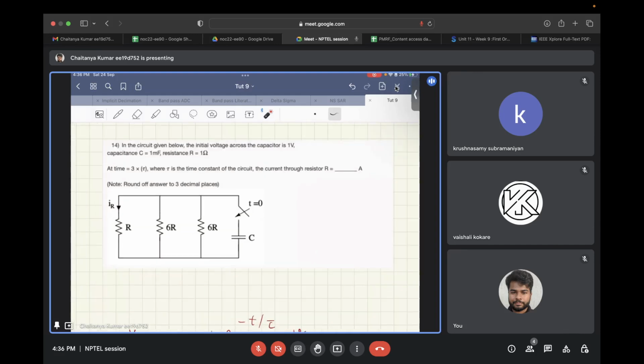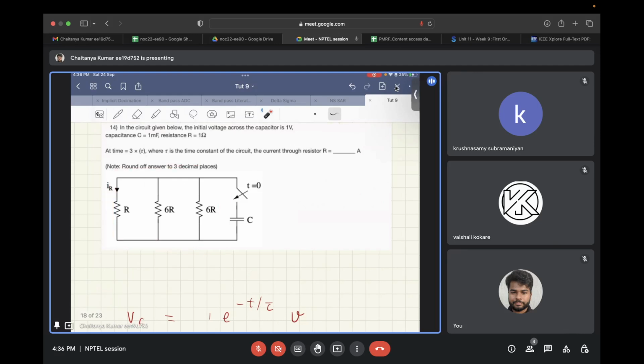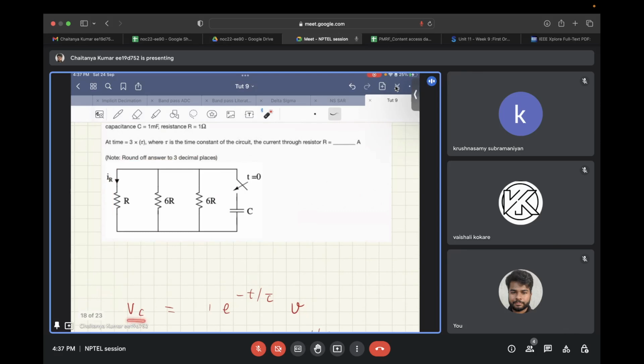What you need to see is that this can be considered as one single resistor, and as discussed in the previous question, as the capacitor discharges through a first order circuit, the voltage with respect to time is given by initial voltage V naught times e to the power minus t by tau.